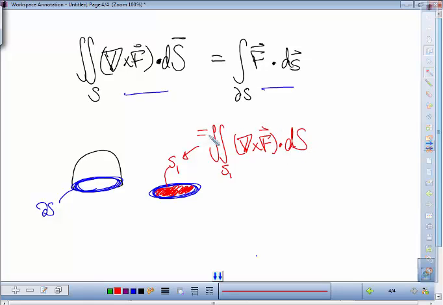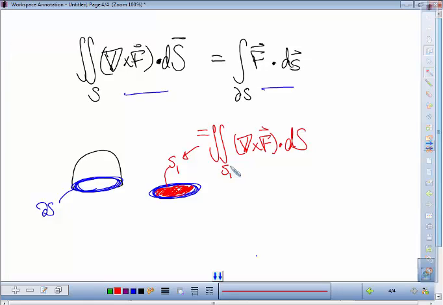And that should still be equal to these two things, right? So instead of doing this with a hemisphere, this disk over here has the same boundary as that hemisphere, as long as I'm on the right orientation, then I might have a simpler integral to deal with.